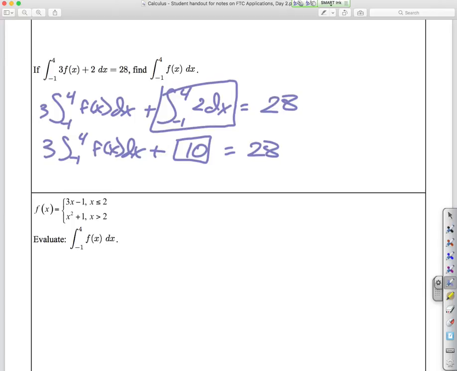Let's do 2 things in the next step. What 2 things do we want to do to get that by itself? Subtract 10, divide by 3. Alright, so if I subtract 10, that's 18. I divide by 3. That means the integral from -1 to 4 of f of x dx is equal to 6.